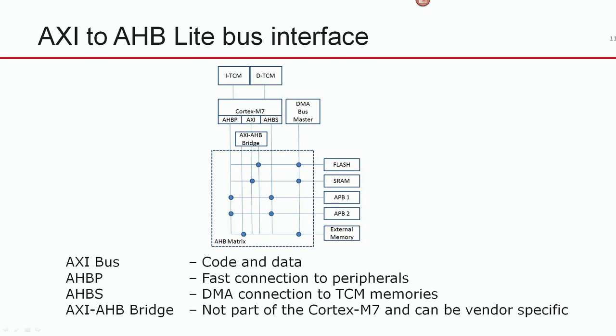There's also an AHB slave bus as well. So this allows DMA units to transfer data from the chip SRAM and peripherals into the tightly coupled memory. So again, we can boot code or we can boot data into the TCM.